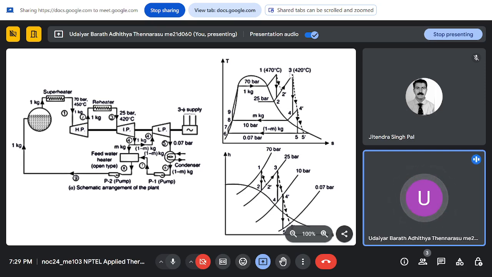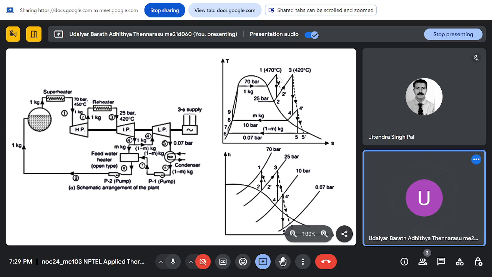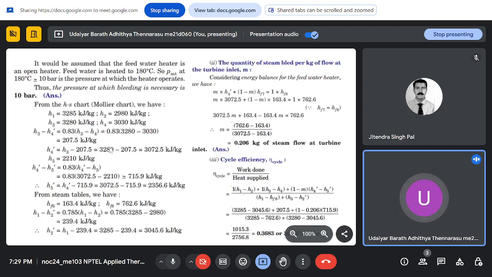So we can estimate state 3, and H2 we can estimate using the isentropic process. So we can find out H2, and 2 dash we can find out using the efficiency of the turbine. We can estimate 2 dash.